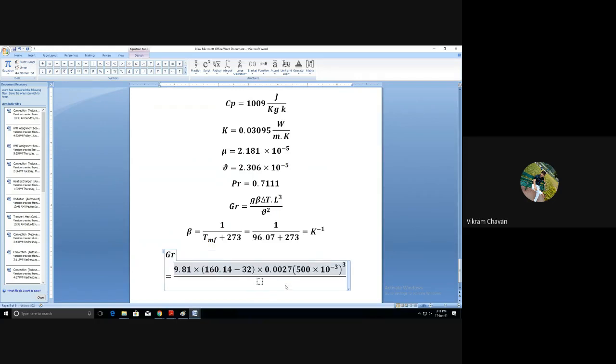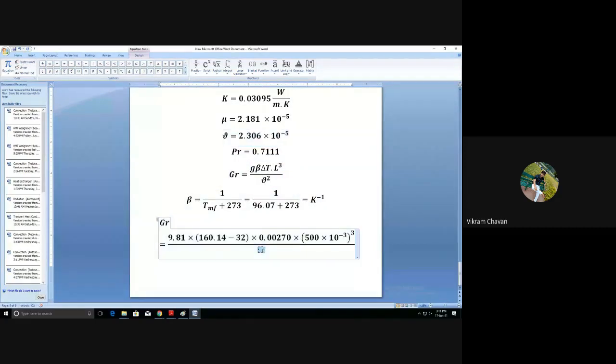0.0027, multiplied by this L cube, right? And nu, that is the kinematic viscosity. Kinematic viscosity is 2.306 multiplied by 10 to the power minus 5, and we have to take its square.